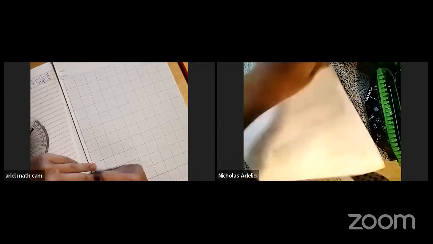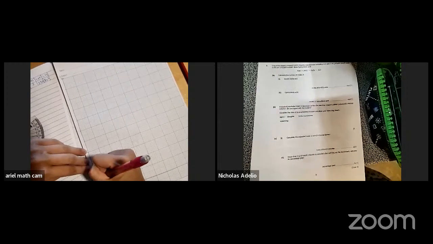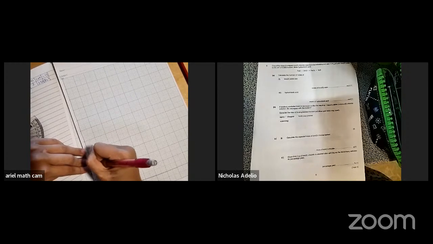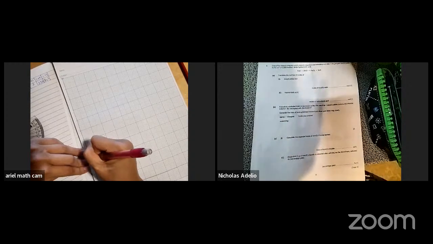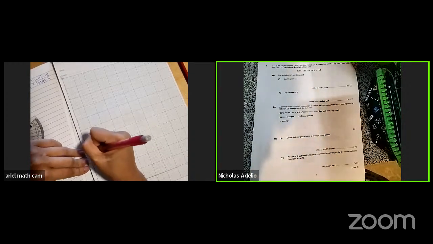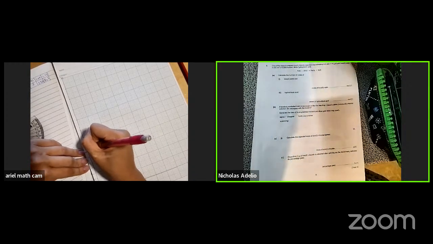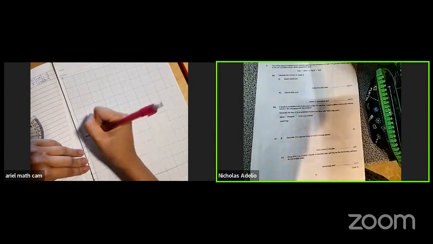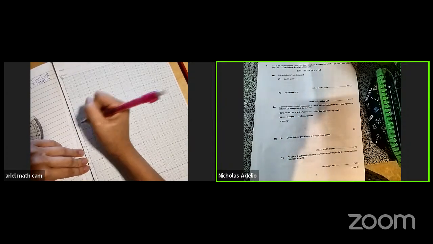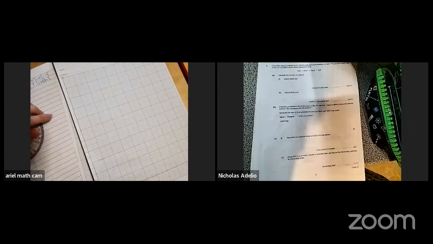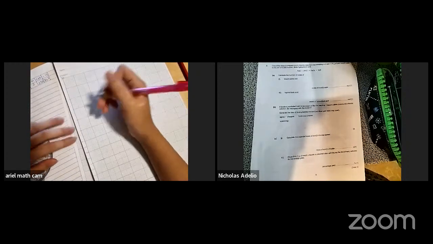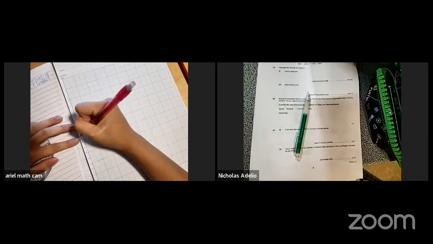Let me think. Like this. Now you decide to use the y-axis.